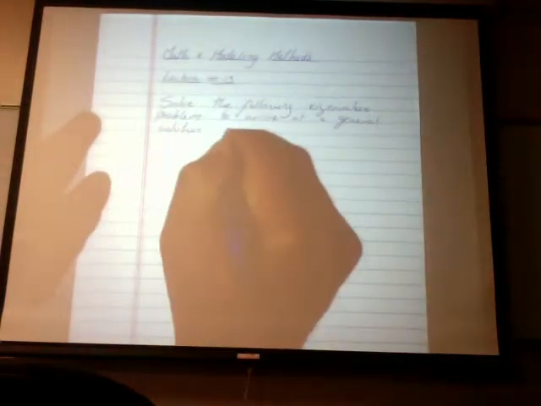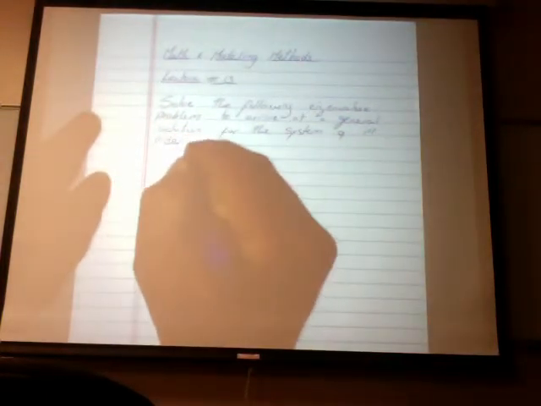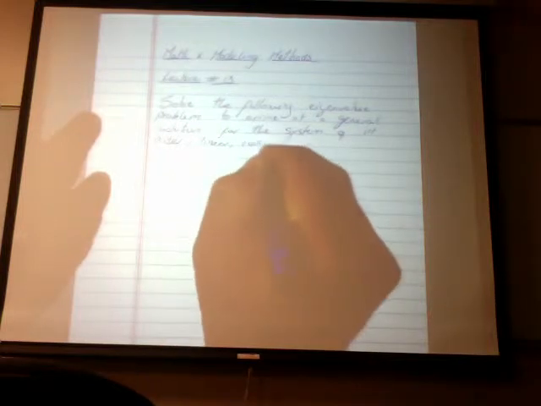And we ended up ending at: solve the following eigenvalue problem to arrive at a general solution for the system of first order linear constant coefficient ODEs.